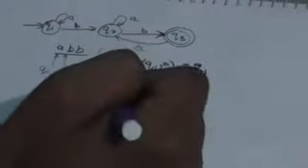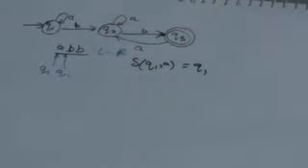Now we move to the input symbol B. The machine is in Q1 state and the input symbol is B, so after reading B, it will jump to Q2. Delta Q1 B equals Q2.